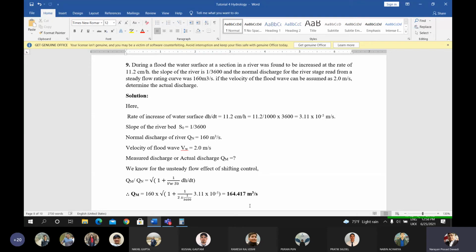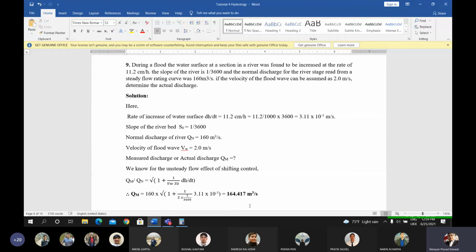If the velocity of the flood wave can be assumed as 2 meter per second, determine the actual discharge. What will be the actual discharge of the flow? This is the effect of unsteady flow.